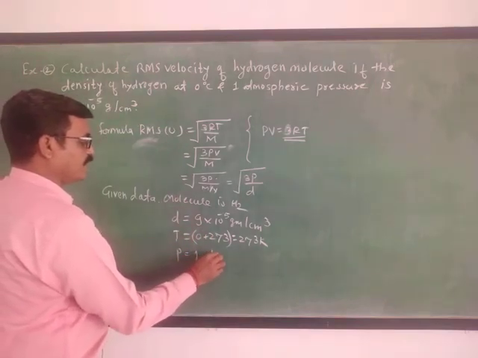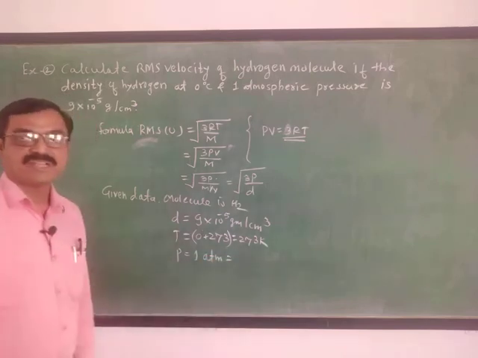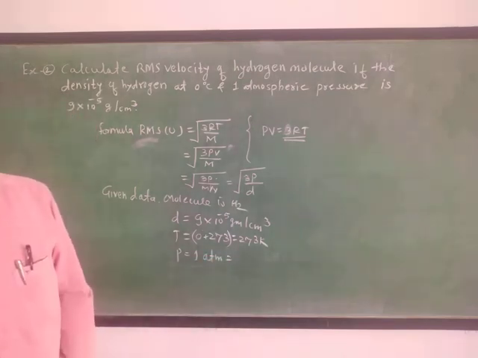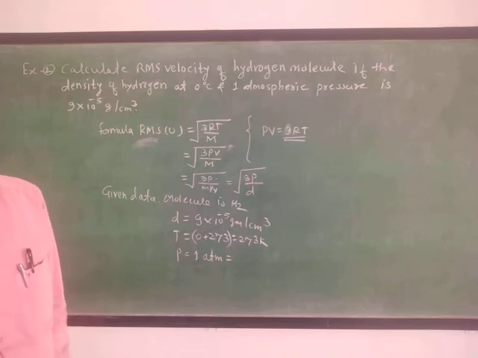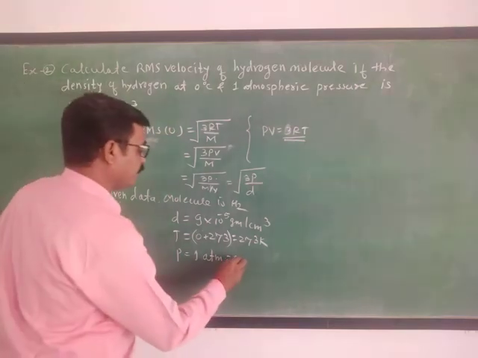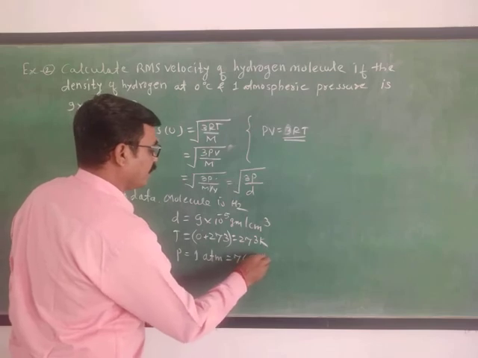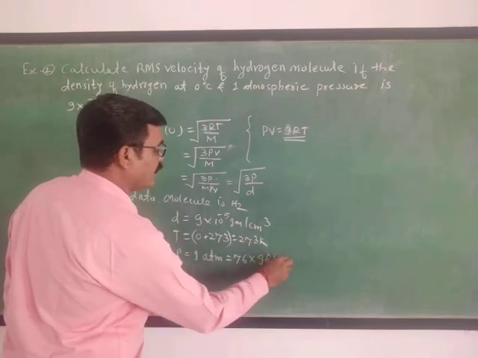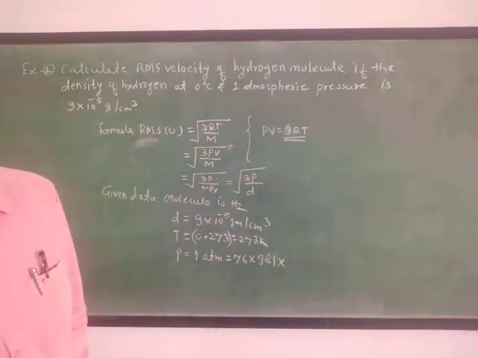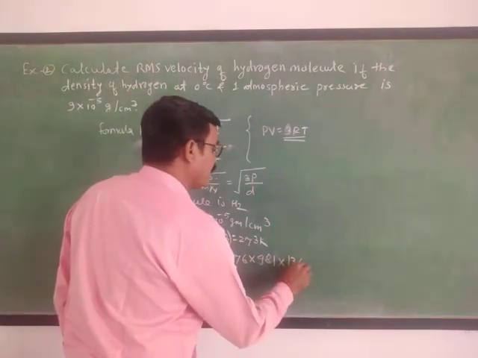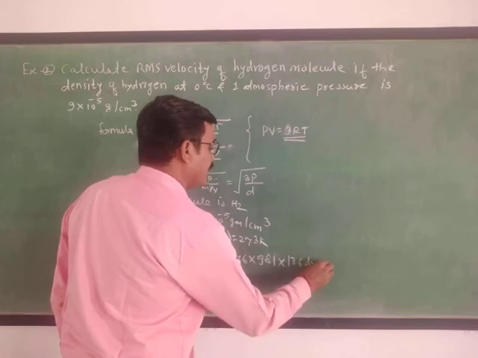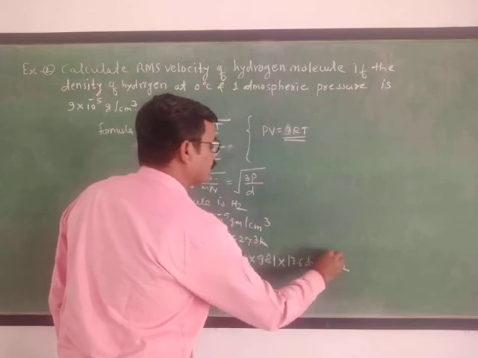This 1 atmospheric pressure you have to transfer into dyne per centimeter square, and after transferring it will be 76 into 981 into 13.6, so many dyne per centimeter square.